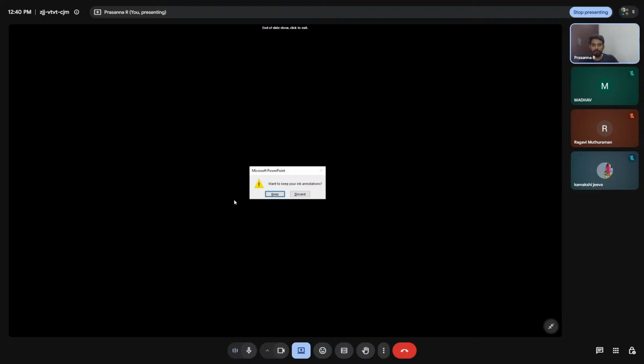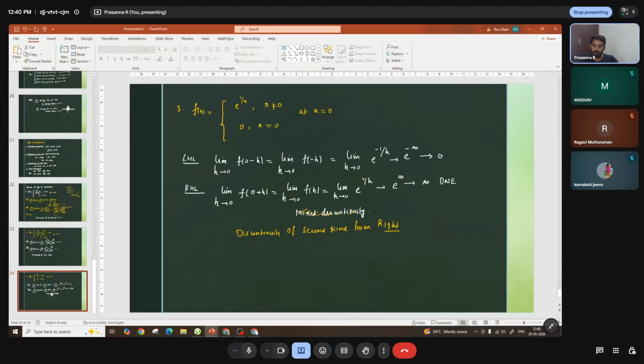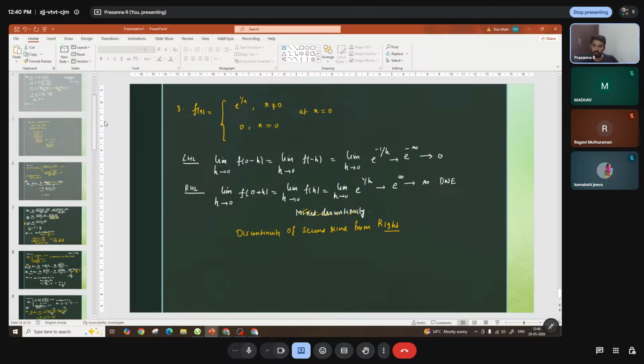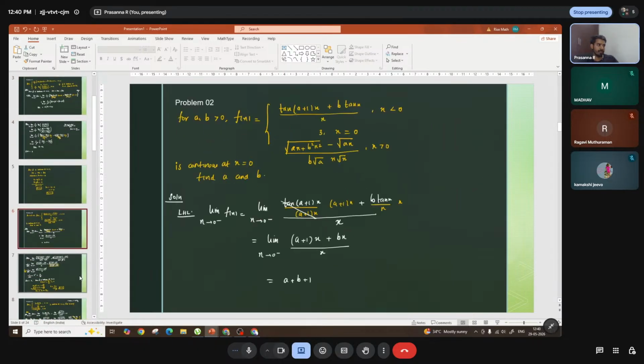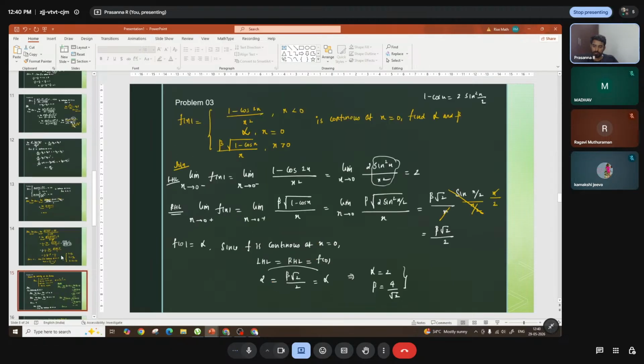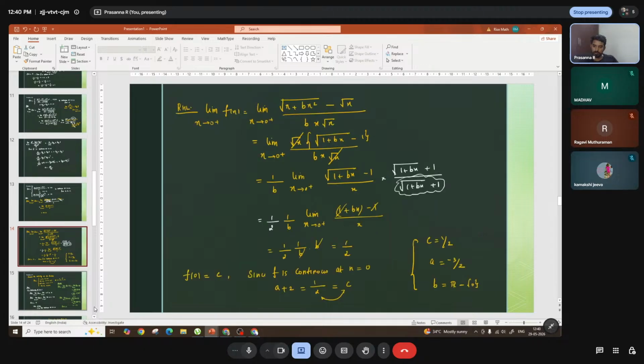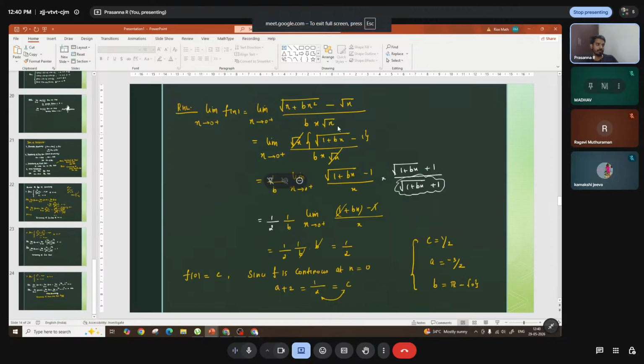Okay, so we'll stop here. We'll have a 10 minutes break. After that, we will start differentiability. So we'll have a break and start differentiability after 10 minutes.